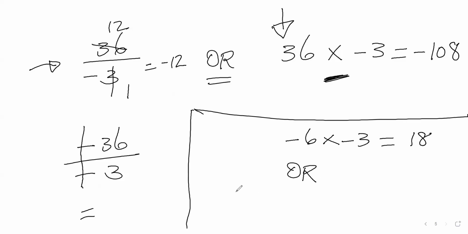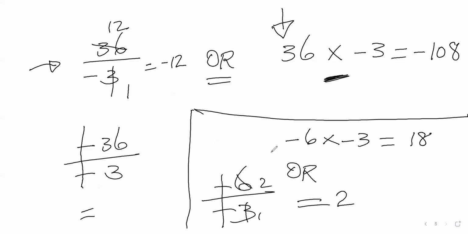Or if you had -6 divided by -3, the negative signs cancel. So 3 into 3, 1. 3 into 6, 2. +2. So once you have two negative signs, your answer is always positive. But if you only have one negative, the answer remains negative.